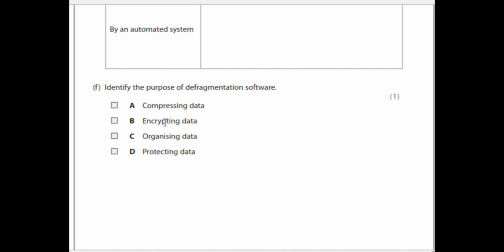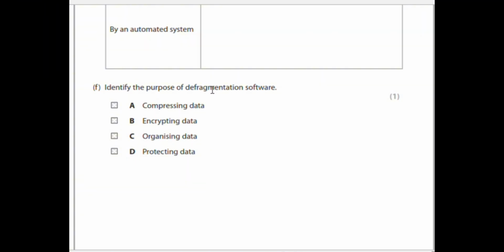So this is just the special software that helps to compress files so that when they are stored, they occupy less storage space. Encrypting is whereby you are maybe putting a password or making the text or the files not easily readable by someone who does not have the key to decrypt.